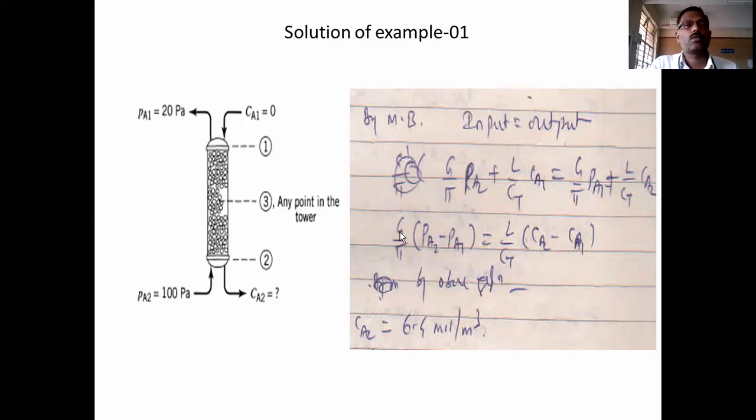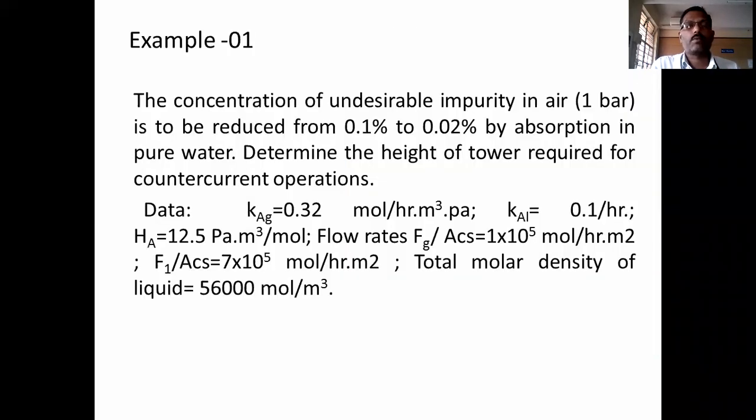What is G? G is given in the problem, and all of you know this data. G is 1 into 10 raised to 5 mole per hour per meter square. L is 7 into 10 raised to 5 mole per hour per meter square. CT means molar density, the total concentration, 56,000 mole per meter cube.